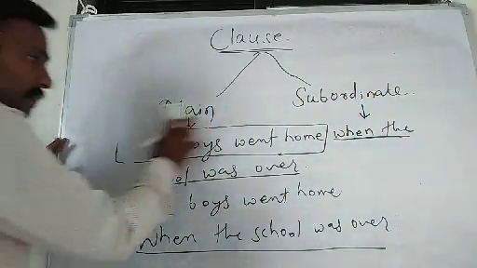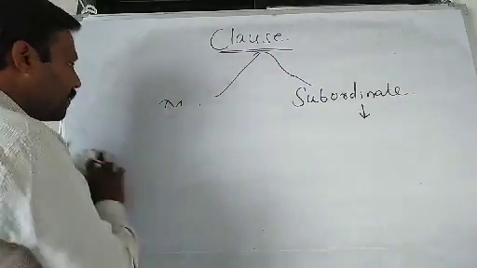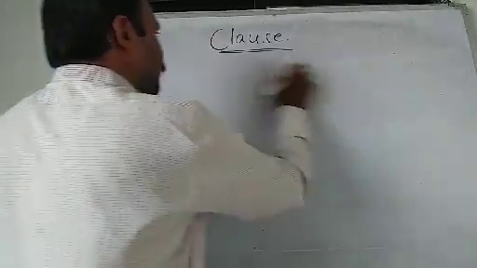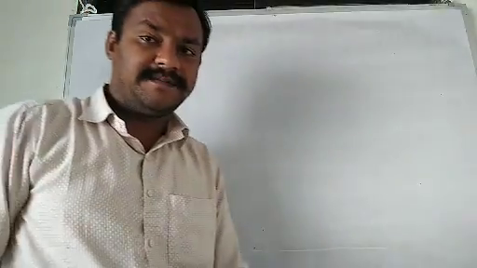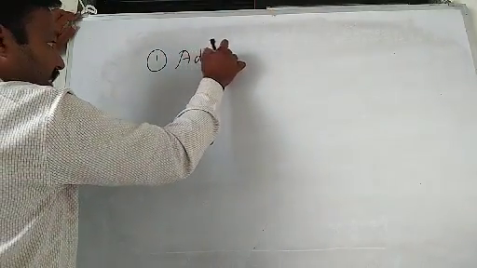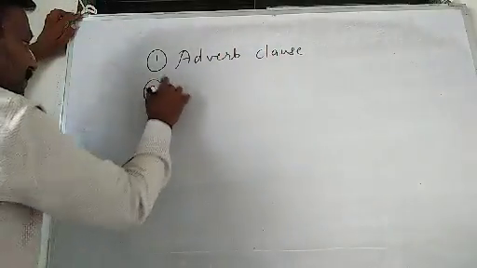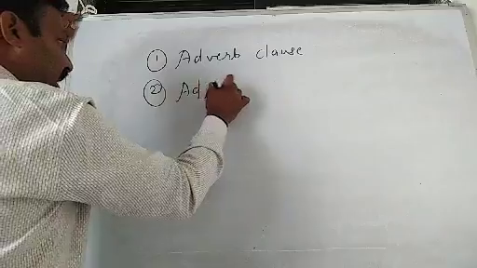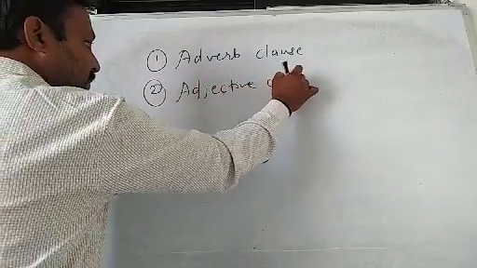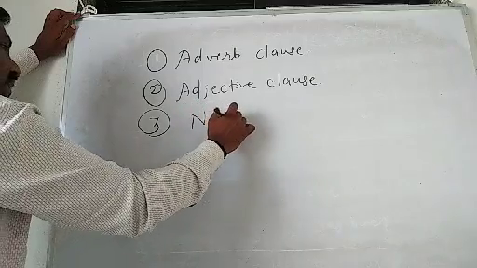So we'll move towards the next part of this topic. We have discussed subordinate clause and main clause. They are two types, but our subordinate clause is again divided into three types. First, adverb clause; second, adjective clause; and third, noun clause.